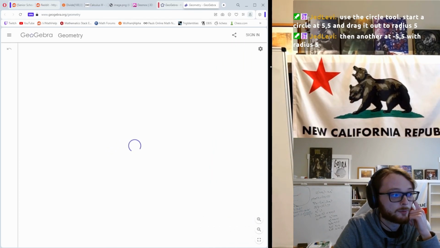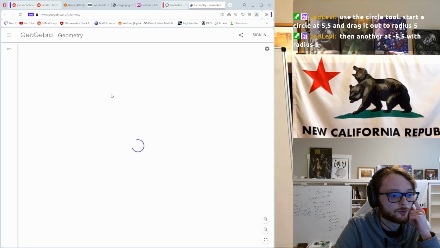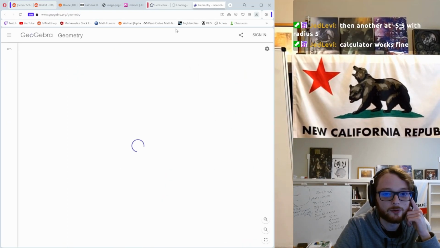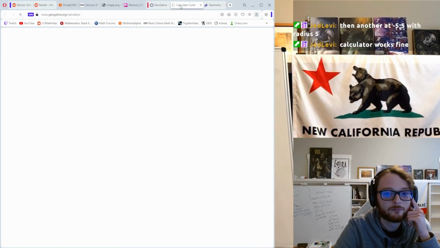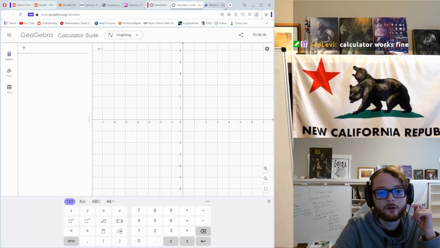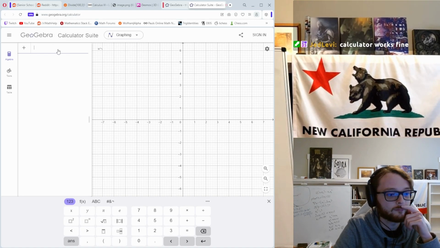You would think that geometry would be the first one that they show. Calculator works fine, really? Open up both, because it's going to take a million years for it to load. Oh, okay, it does work. Okay. Tools.